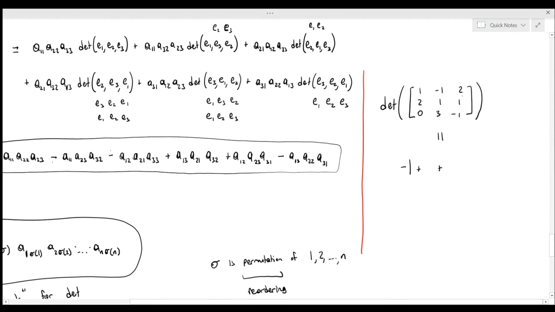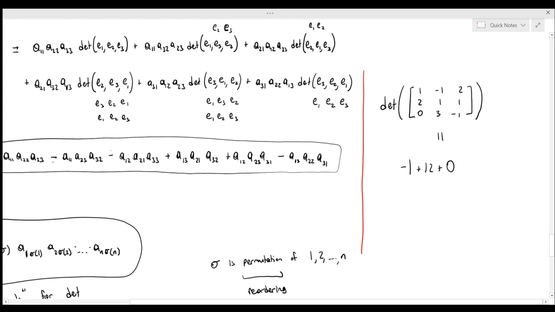So it's going to be 2, and then A21 and A32. So this one times these two is going to be plus 12. This one over here would be A12, A23, and A31. So that one's the one that's 0. Those were all the ones that were plus at first.